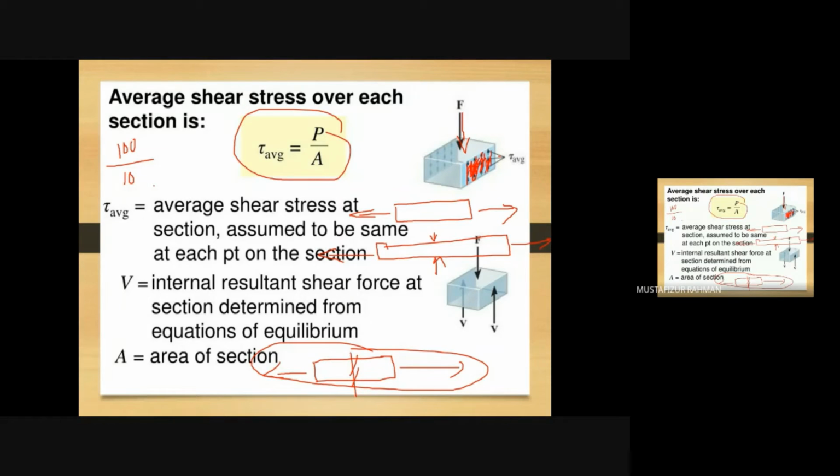After some time, your force is still 100 kilonewton and your cross-sectional area is now reduced to 8 centimeters square. So what happens? 100 by 8. That is our true stress actually. We don't take the earlier stress, but this is a true area corresponding to what this entire 100 kilonewton load is acting on.